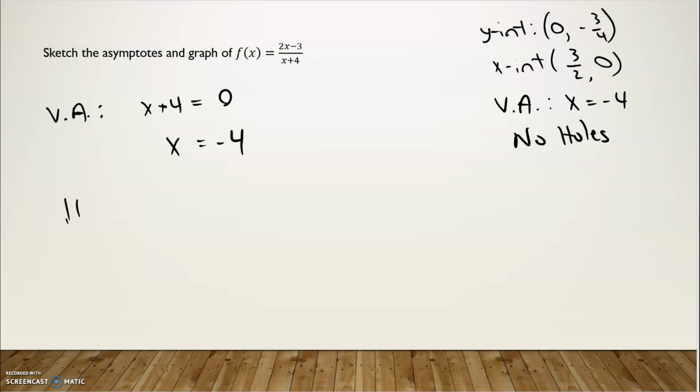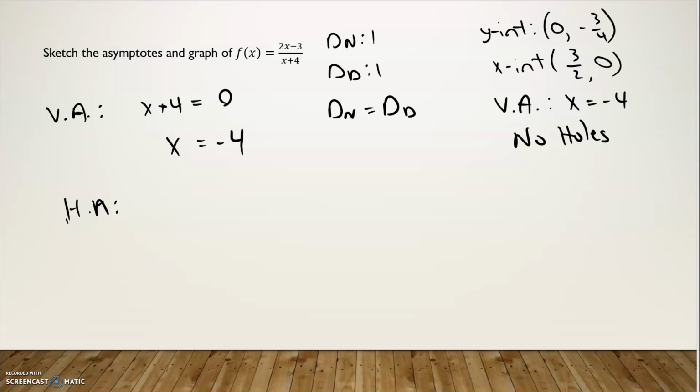And then let's look at the horizontal asymptote. So the degree of the numerator is 1. Degree of the denominator is also 1. So the degree of the numerator is equal to the degree of the denominator.